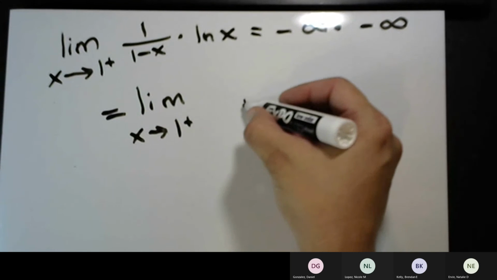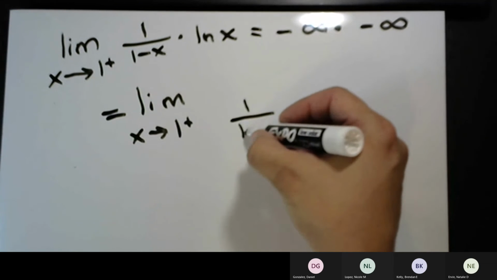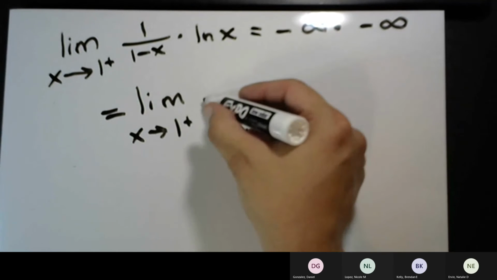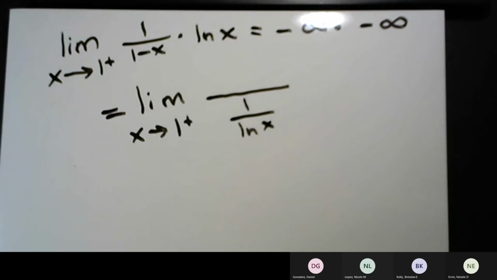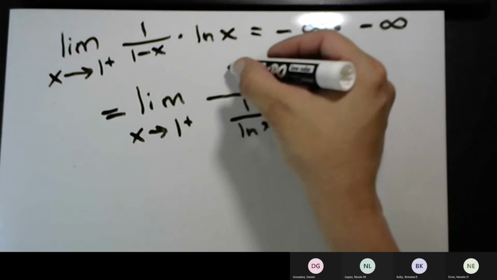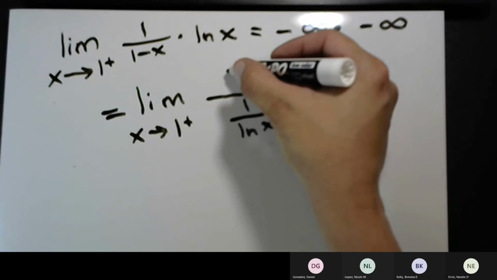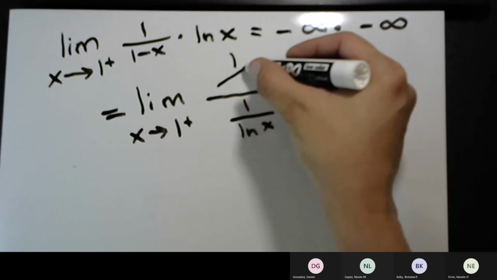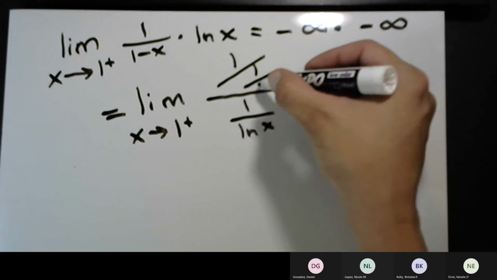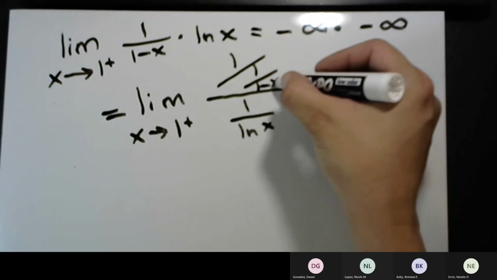We can call the denominator 1 over the ln of x. And we can call this 1 over 1 minus x.